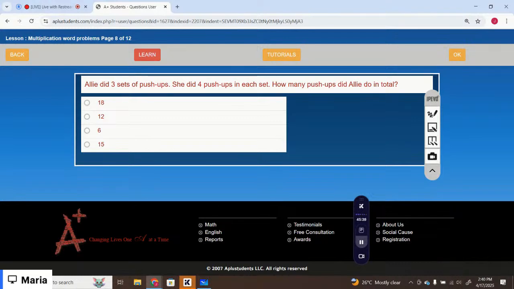That is 3 times 4 equals 12. Option number 2 is the correct option. Okay, you can complete the lesson by yourself later today.